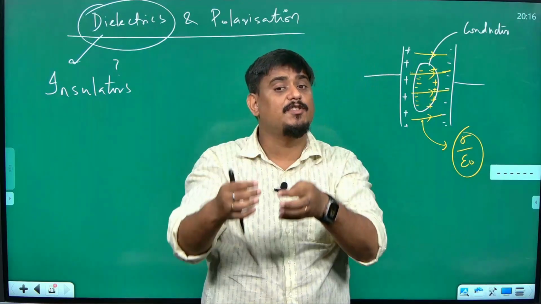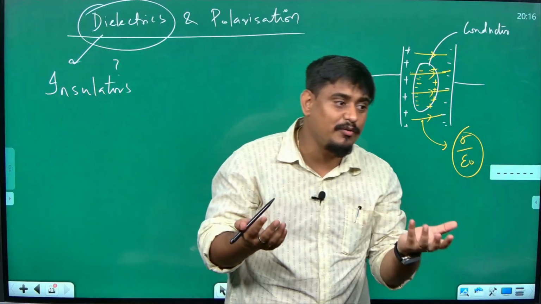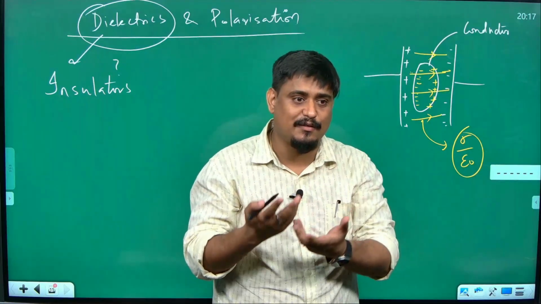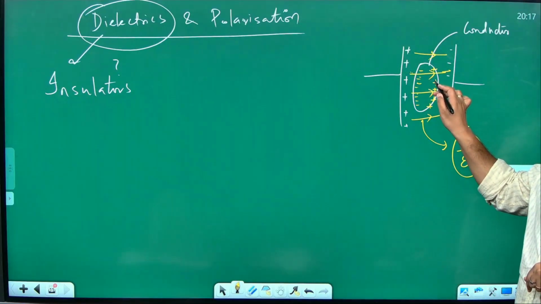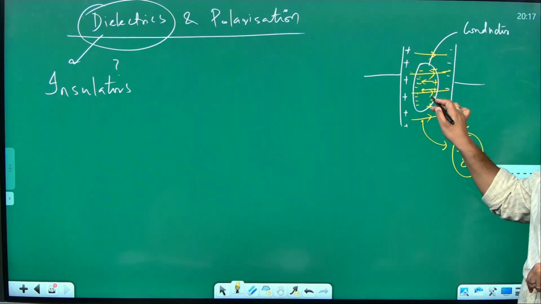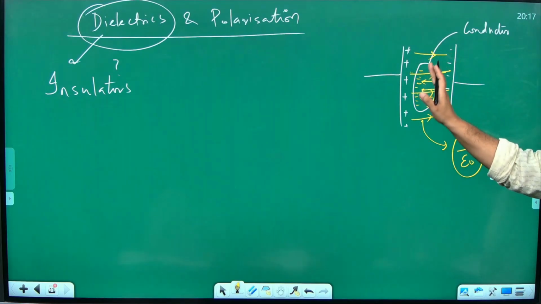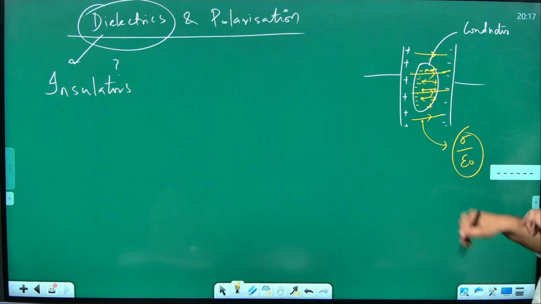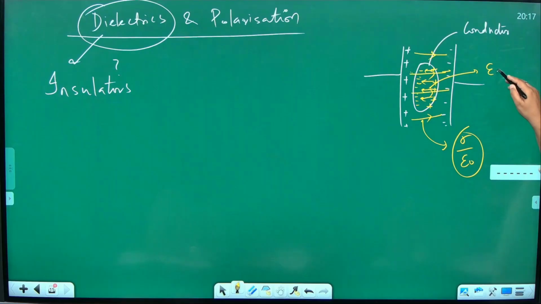All the negative charge will move towards the left because they have a tendency of moving against the electric field, which will create an electric field in the opposite direction. Can you feel that? Plus, plus, plus, plus, plus, minus, minus, minus, minus, minus. You are getting some opposite electric field here inside. This is called E polarized or E induced, whatever you want to call it.